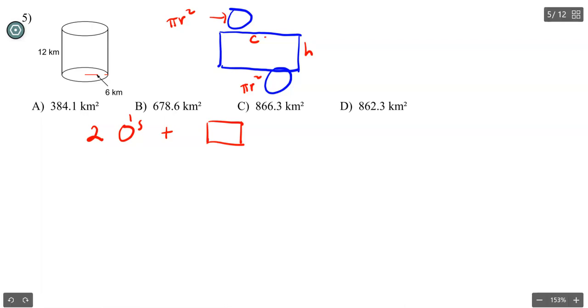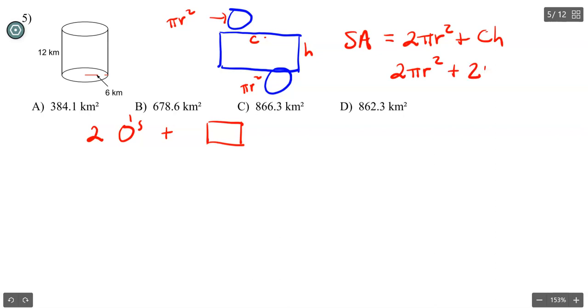So using the formula, surface area is 2 circles plus the circumference times the height, or 2 circles plus 2 pi r times the height. All I did here was replace C with the formula that goes with it.